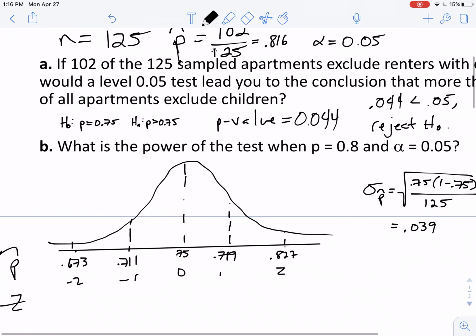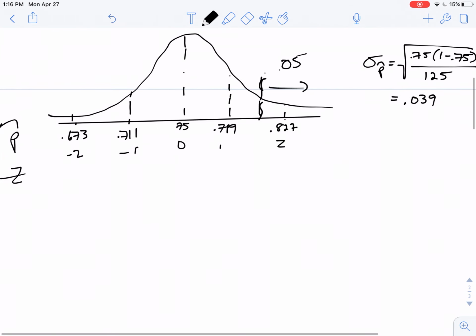Okay, now since I'm doing an upper tail test, I know that I'm going to need to reject the upper 5% of my distribution. So that's going to be about here. So about here. So that is going to be about 0.05. So I'm trying to figure out then what is that number.